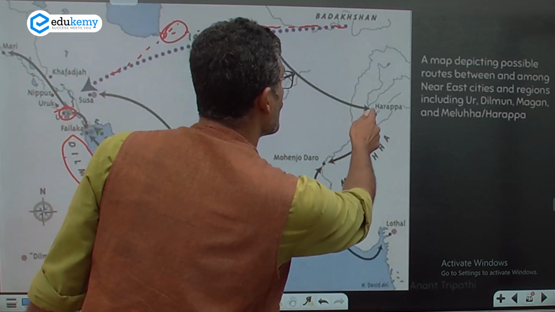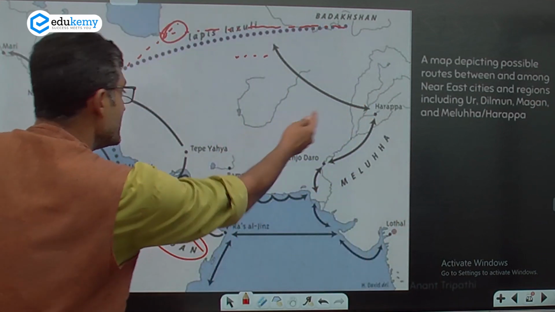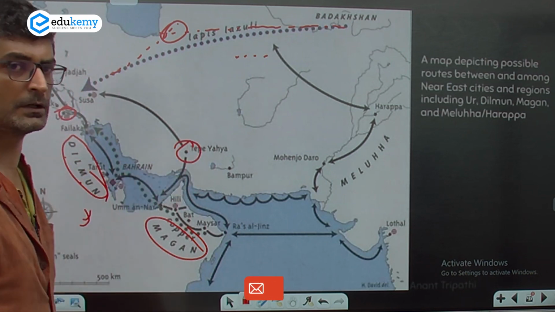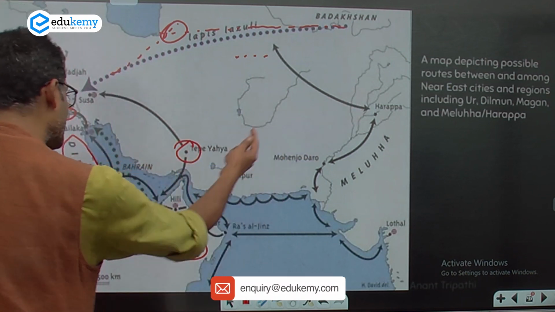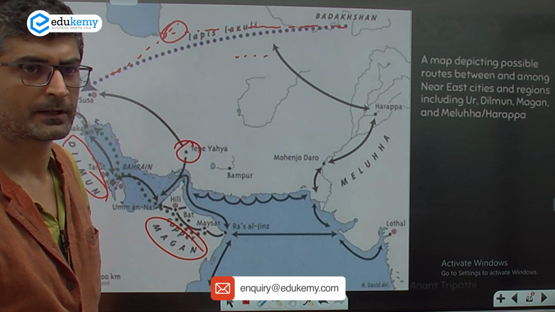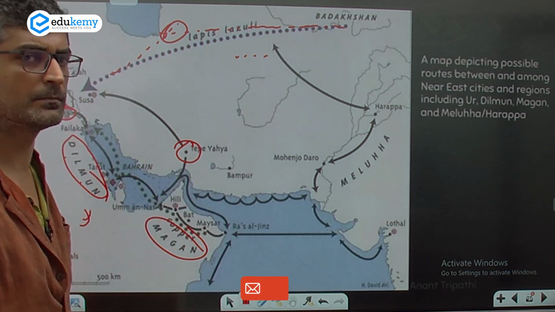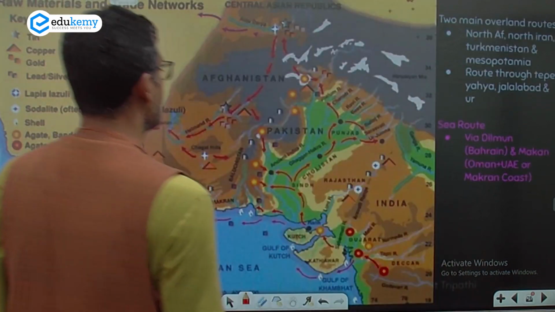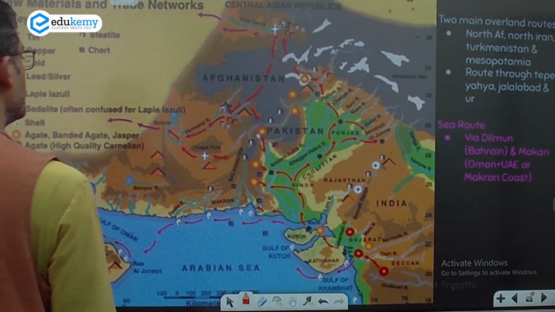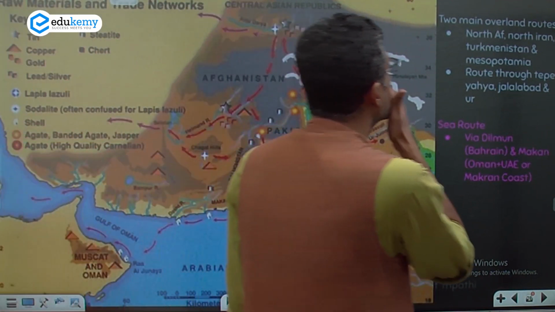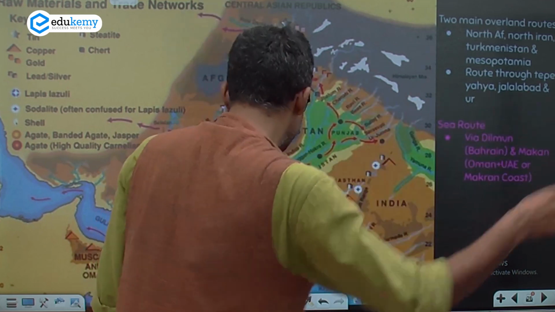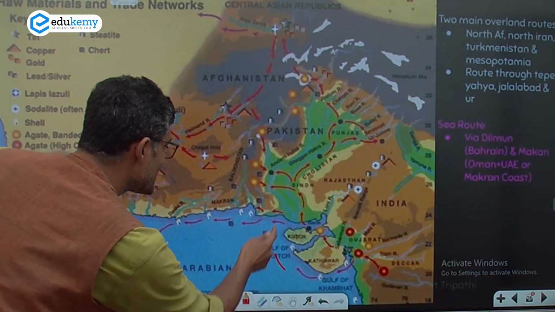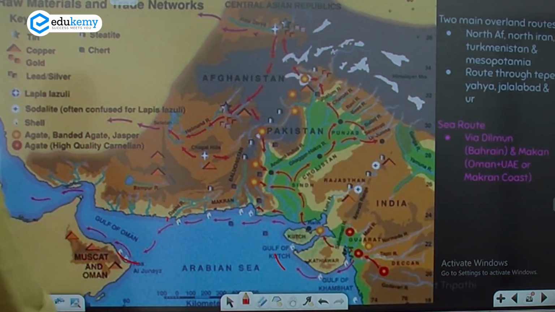There were other routes as well. The other route was via this city, in Iran, Tepe, coming from South Afghanistan. There was a sea route as well. See, this is the sea route which I was talking about.